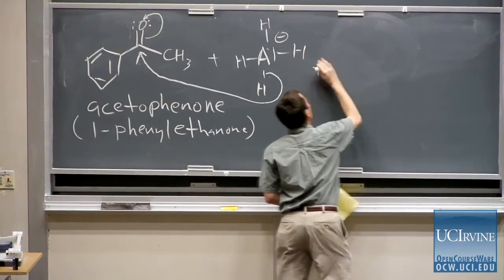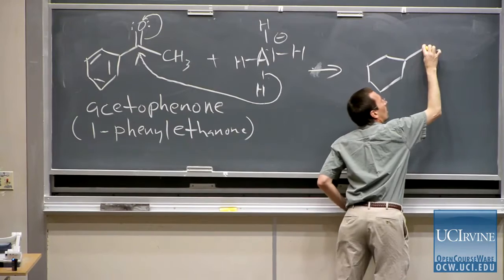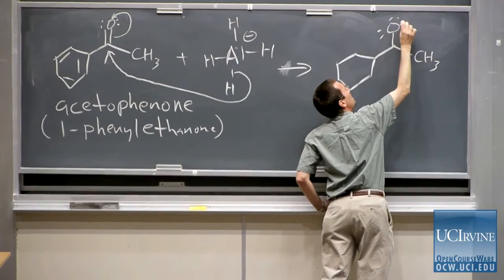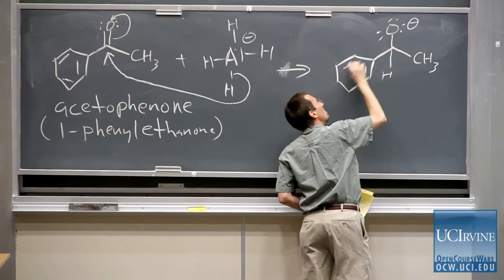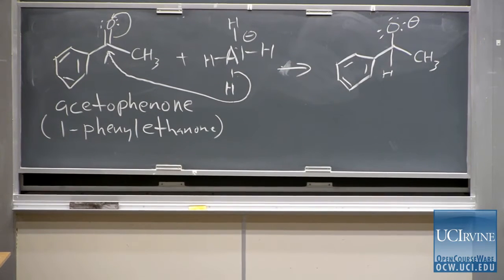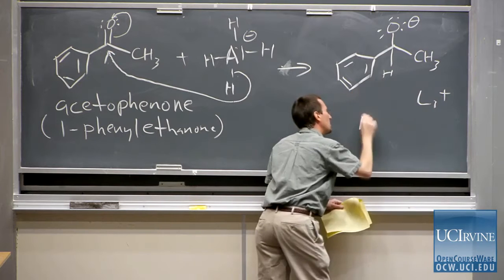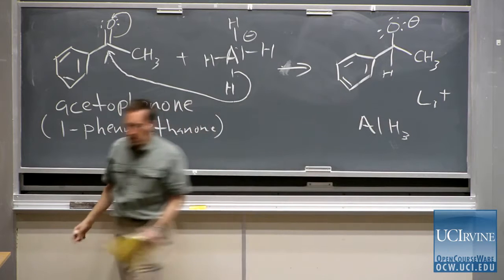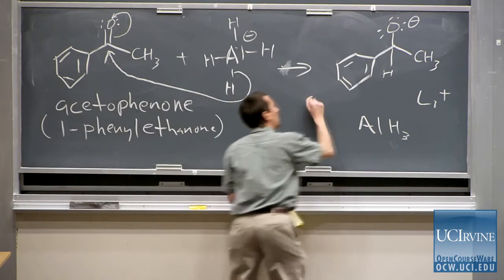And so when all is said and done, we end up with the alkoxide anion. And for now, at least, I will be good at drawing in my hydrogen. And in addition to this, we have a lithium cation. And in addition to this, we have AlH3. And that's where I'm going to stop it at this point, is at the alkoxide anion.